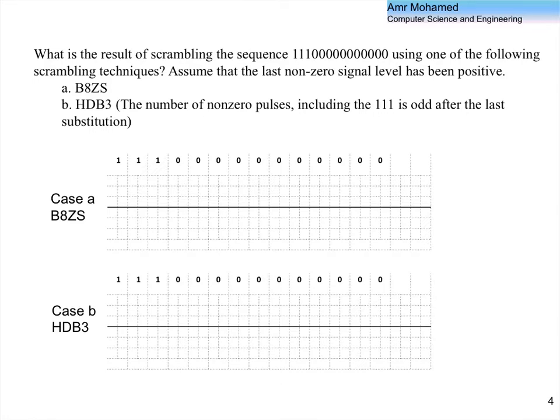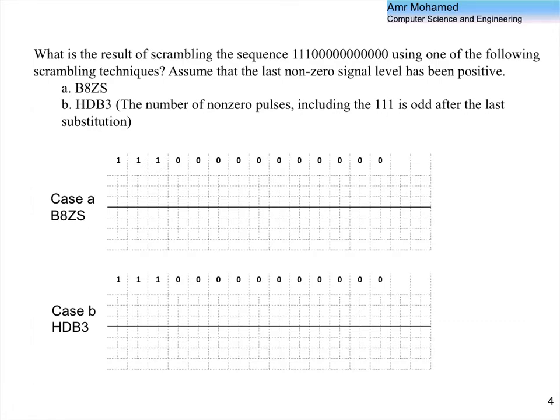And it tries to do that by substituting a consecutive number of zeros, okay? Because for AMI, alternate mark inversion, the AMI sequence is attractive, but the problem is the 0 is mapped as 0 voltage level all the time.